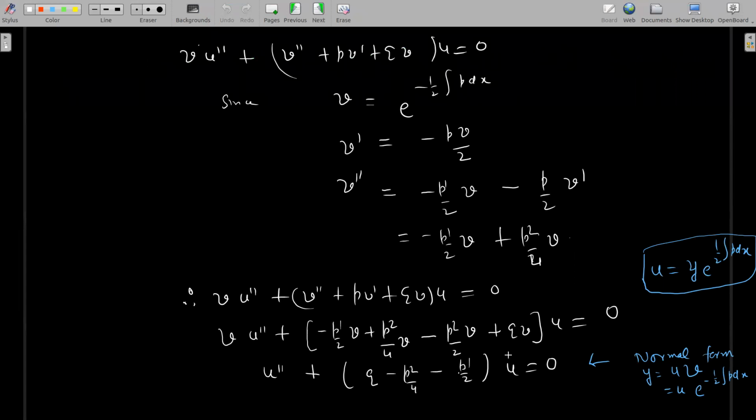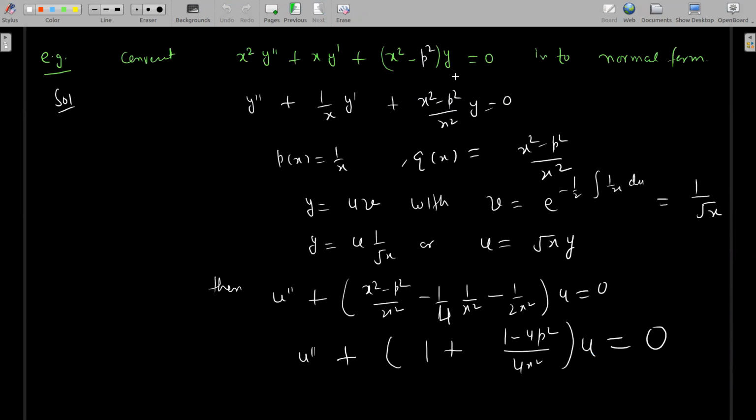But when you write the normal form, just let us know what u is. So you have to pick u. Where does u come from? y equals u v, from v. And what is v? v is exponential minus 1 by 2 integral p dx. So by making this transformation u equal to under root x times y, you can convert the given equation into normal form. Okay, so I'll stop now. We will continue tomorrow.